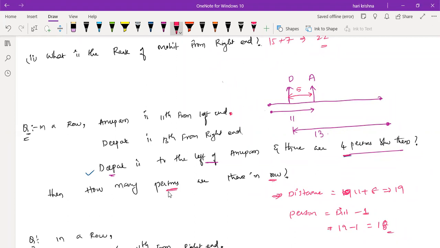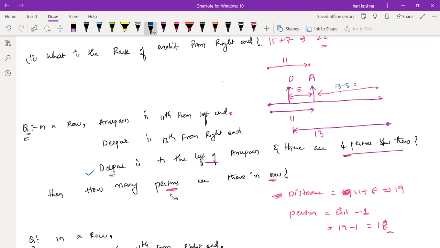Okay. Now from this point to this point, what is the distance? 11. From this point to this point, what is the distance? Just from here to here, there is a 13. 13 minus 5 is this only, right? 8 only, right? Yes, sir.